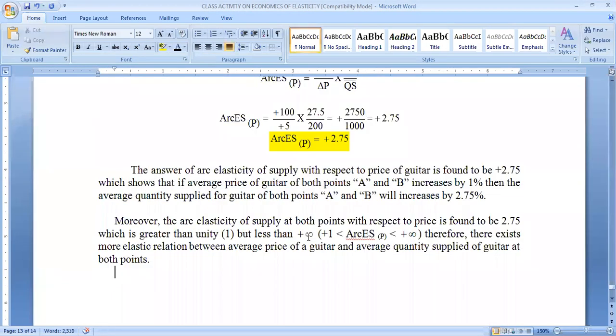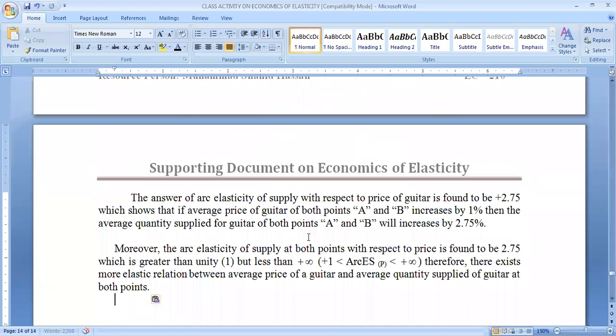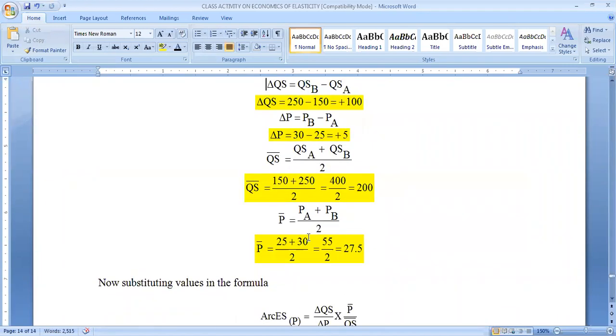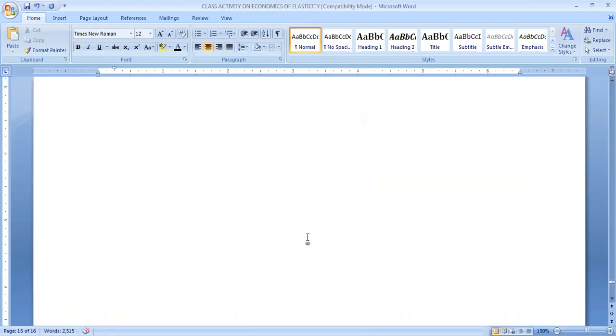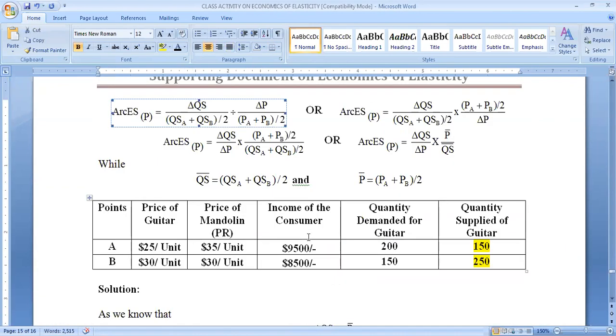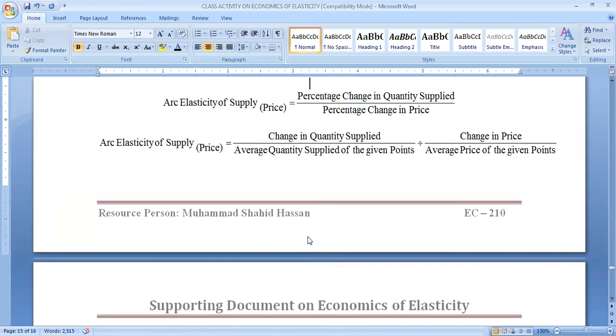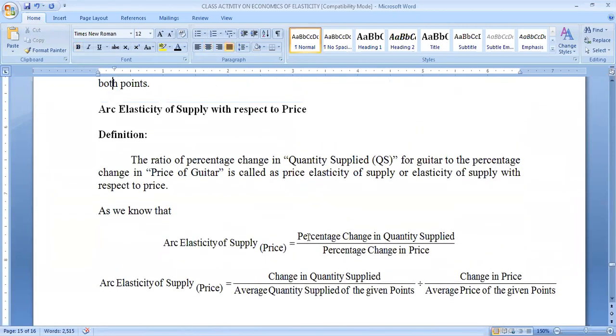Question number 10 is to find out arc elasticity of supply with respect to cross price or price of a related good, like price of medaling.